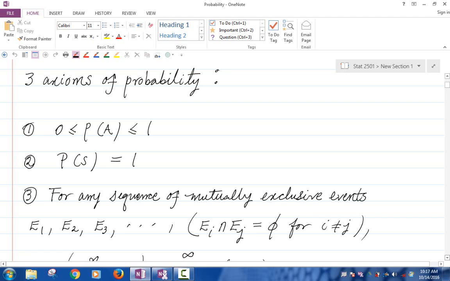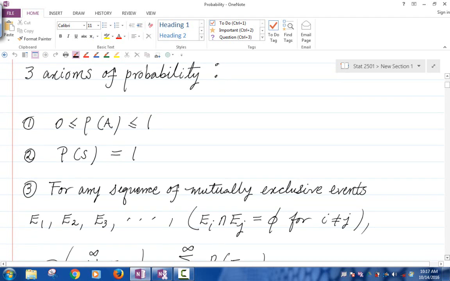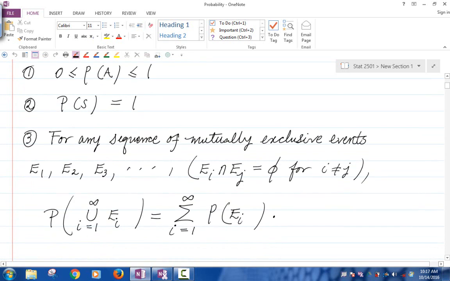So for any sequence of mutually exclusive events, E1, E2, E3, the probability of the union of the events Ei is the same as the summation i going from 1 up to infinity of the probability of Ei.